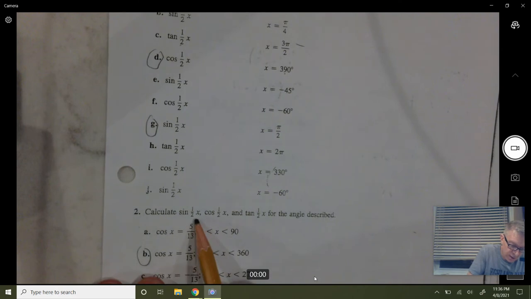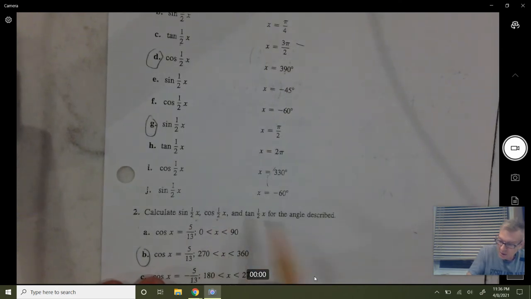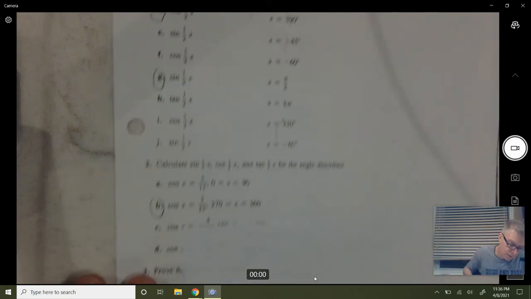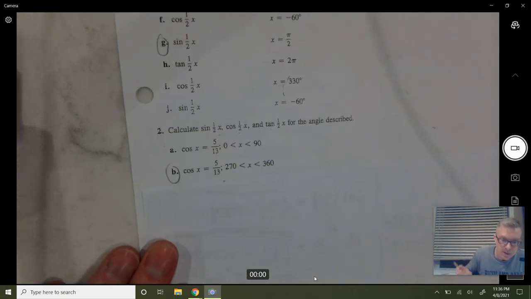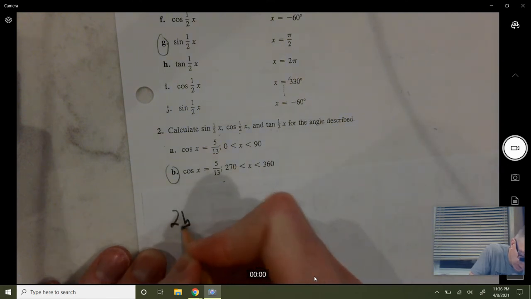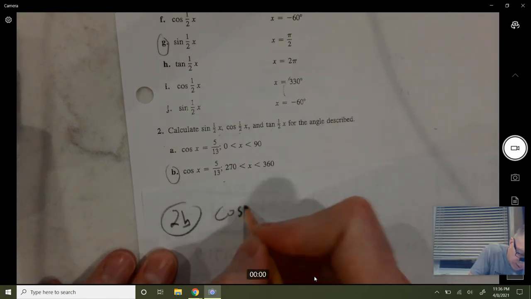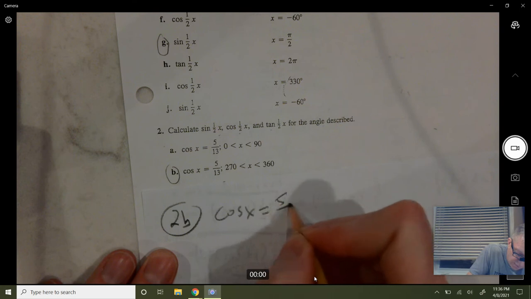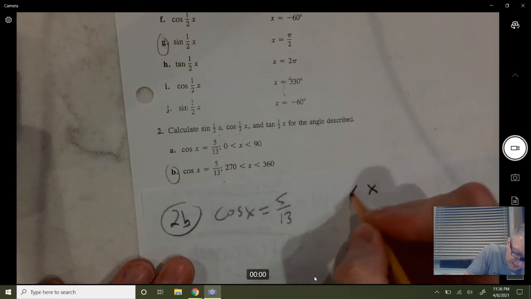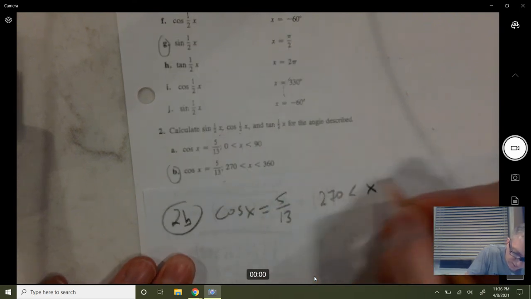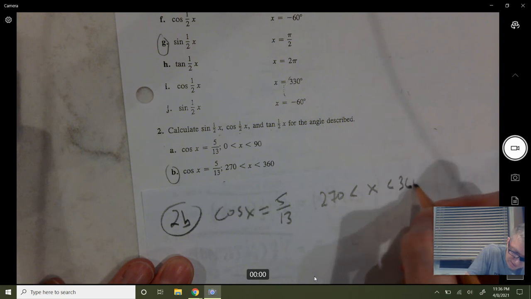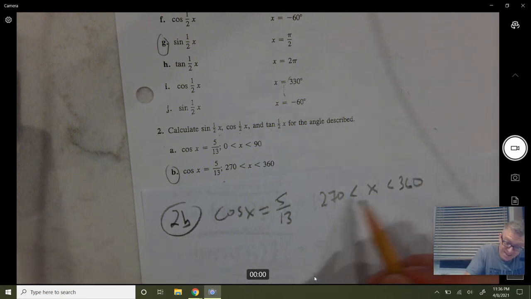So calculate sine 1/2 x, cosine 1/2 x, and tangent of 1/2 x for the angle described. Okay, so what we've got here, we're doing 2b. Cosine of x equals 5 over 13, and we know that x is between 270 and 360. Okay, so x is here, but we want to know where is 1/2 x.